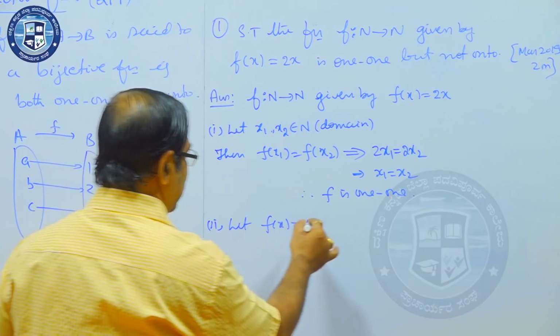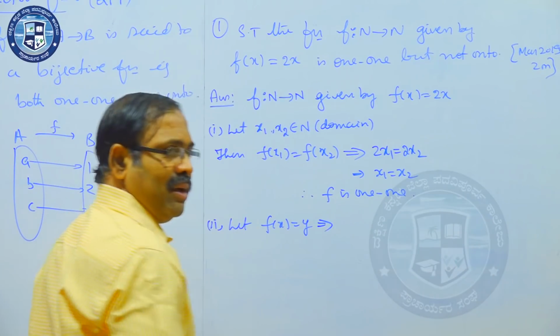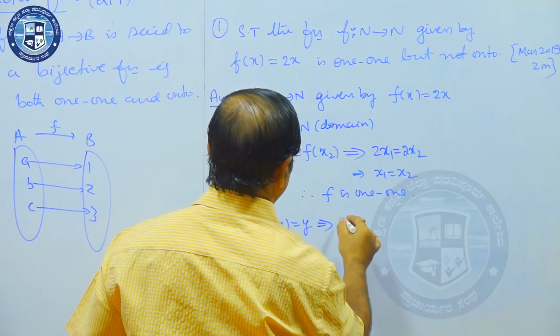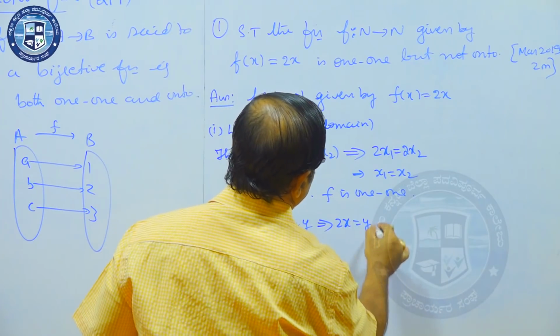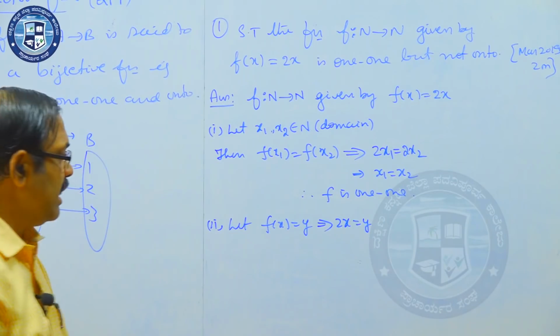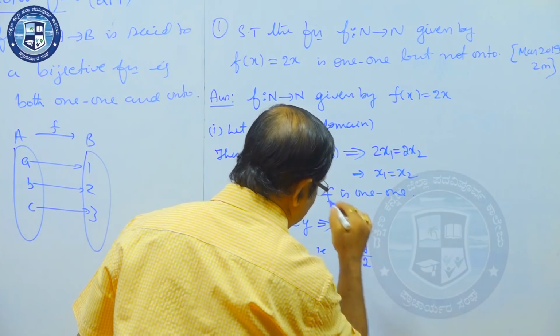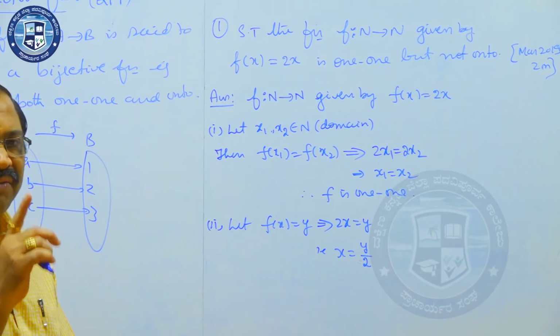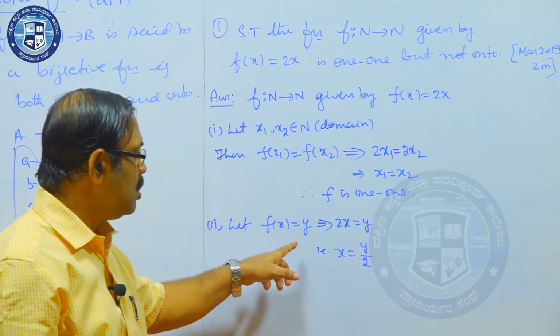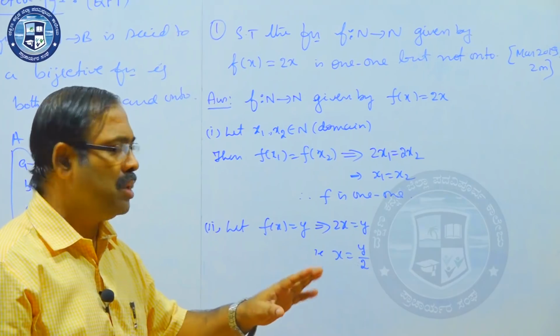So let us write f of x is equal to y. What is f of x? 2x, that is equal to y. Now, what is x? y by 2. All of you try to understand. Onto means, I repeat, what is onto?